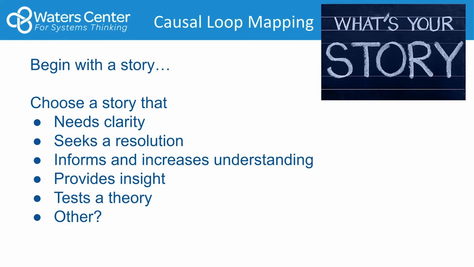It also can really increase your understanding and inform not only your own understanding of the system, but a group's effort to share that collective view of what a system is and the important connections that exist within that system. It also provides new insight. It might test a theory, and there might be other purposes for making causal loop maps. But beginning with a story is quite helpful.